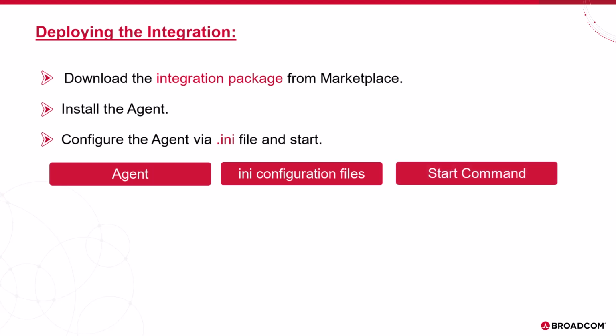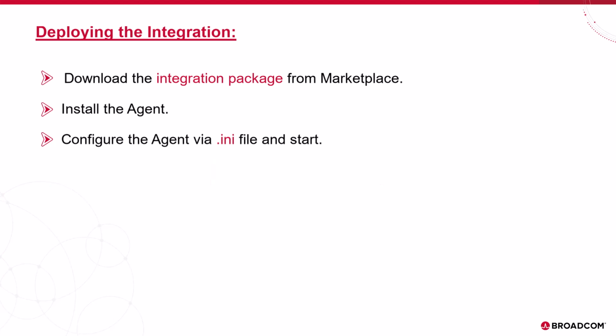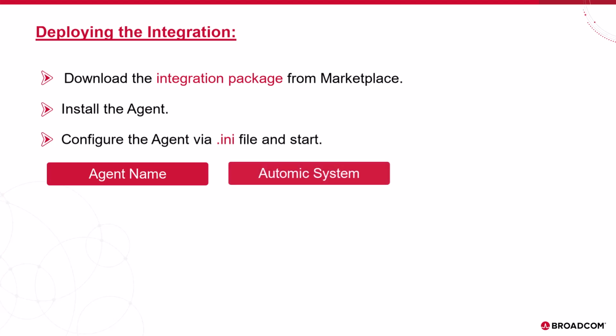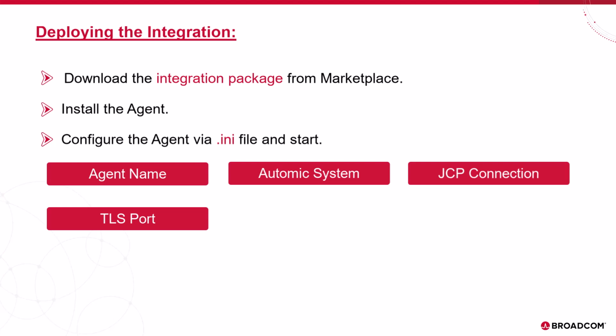We use the appropriate INI file for our specific platform. Google Cloud Run is a standard Automic agent. It requires at least 4 values to be updated: agent name, Automic system, JCP connection, and TLS port, and finally TLS certificate. When the agent is configured, we start it.